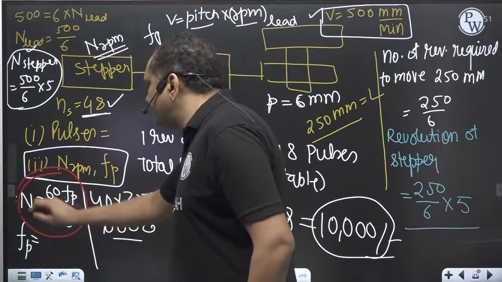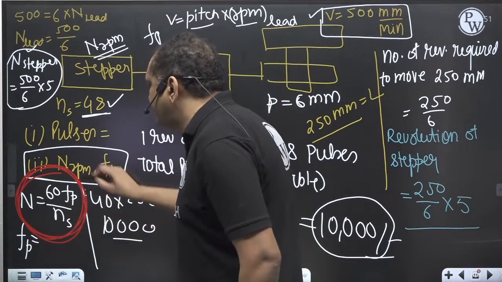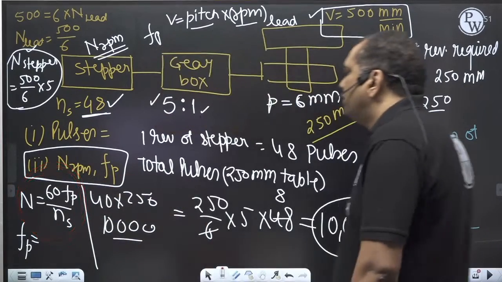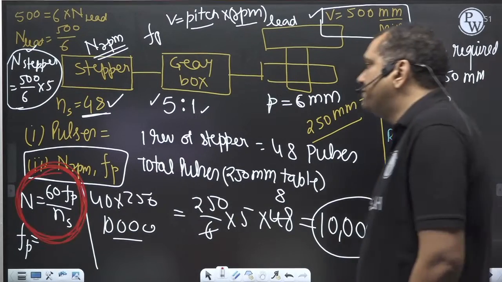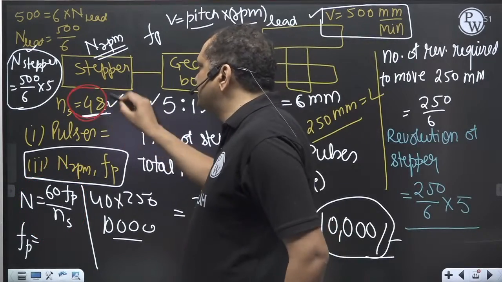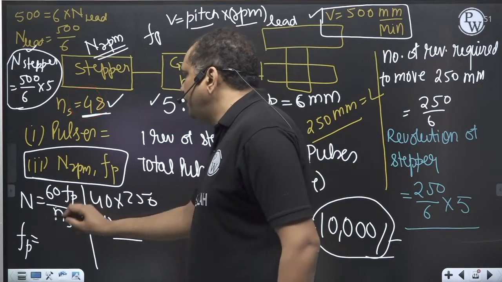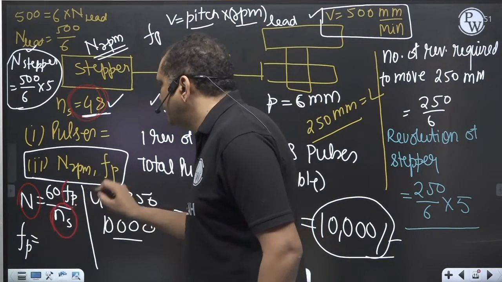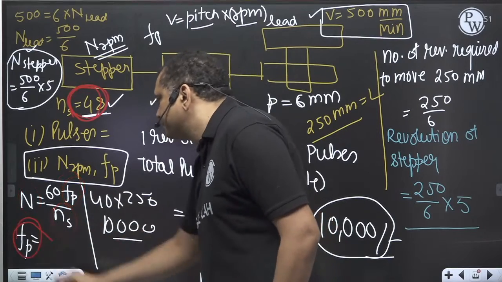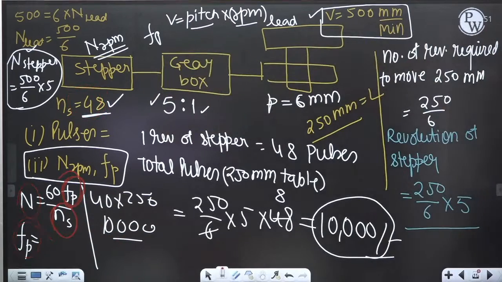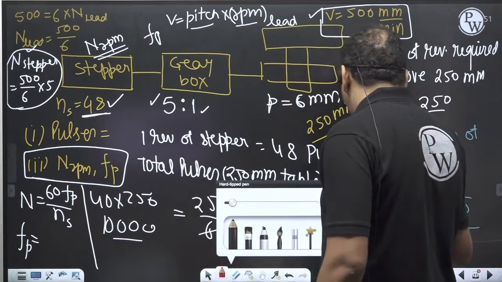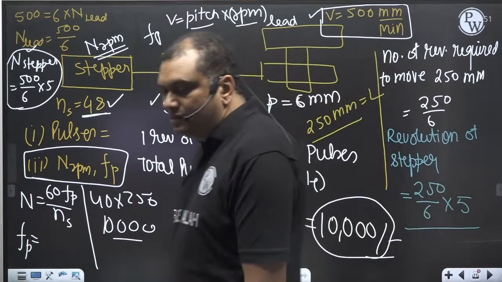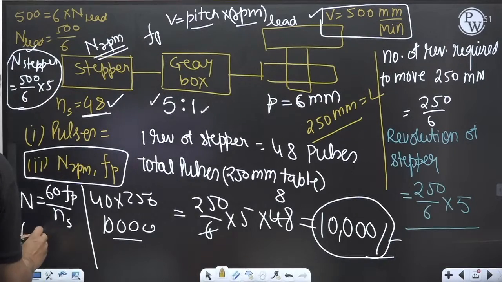And between the RPM of stepper and the frequency of pulses, there is a formula. When the RPM is given and NS, the number of slots, is 48, this data is given to you. Calculate FP. A very simple calculation. And the answer is, at least my answer is 333.3 hertz.